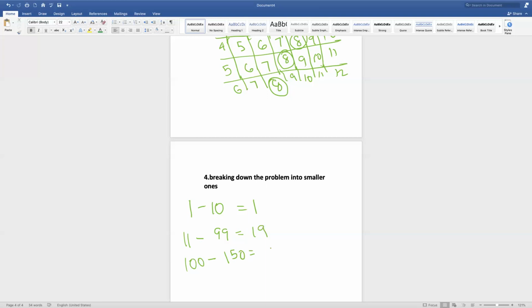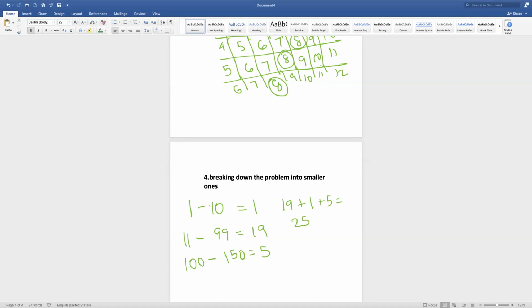So that would be 5. 107, 117, 127, 137, 147. We're not counting 157 because that's more than 150. So we get 5. Now let's add this together. So 19 plus 1 plus 5. So we get 25.